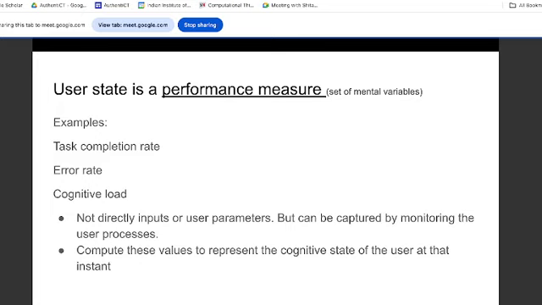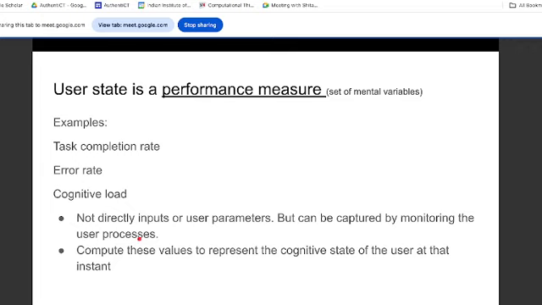So this sense of being overwhelmed or being okay with the information that I see on the screen is, in simplified terms, the way I would describe cognitive load. Remember, these are really simplified definitions. These are not definitions at all. These are simplifications for your convenience to understand these terminologies in a very simplistic manner.